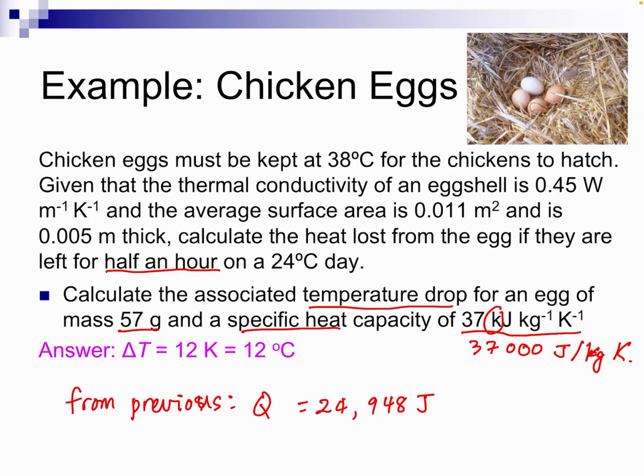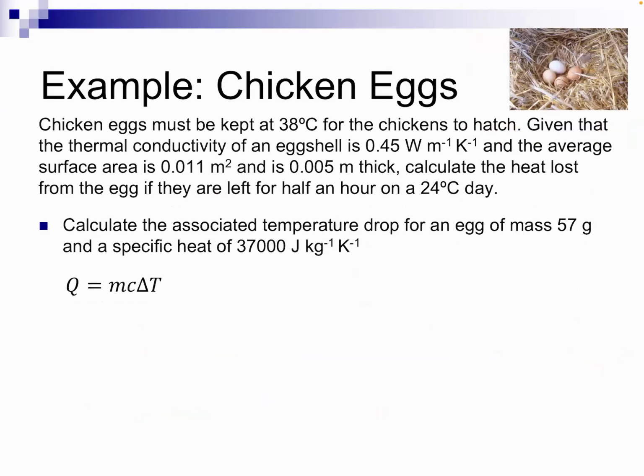The energy lost, Q, will result in a drop in temperature, delta T. We learned yesterday that if energy is lost, that could result in a change in temperature, delta T, or a phase change. But in this case, the egg won't really undergo a phase change, but it will undergo a change in temperature.